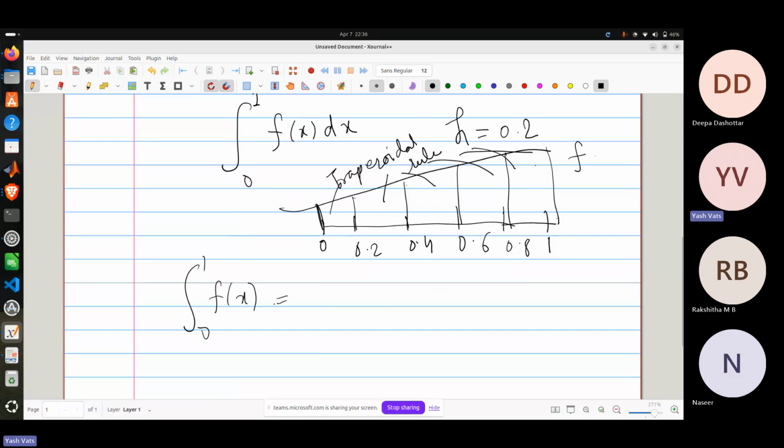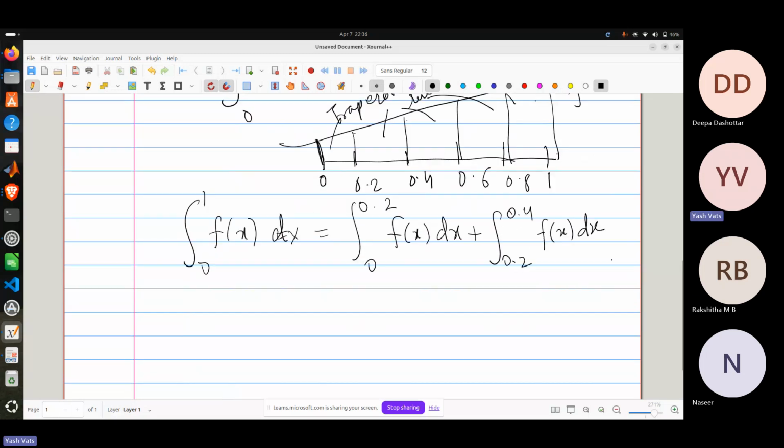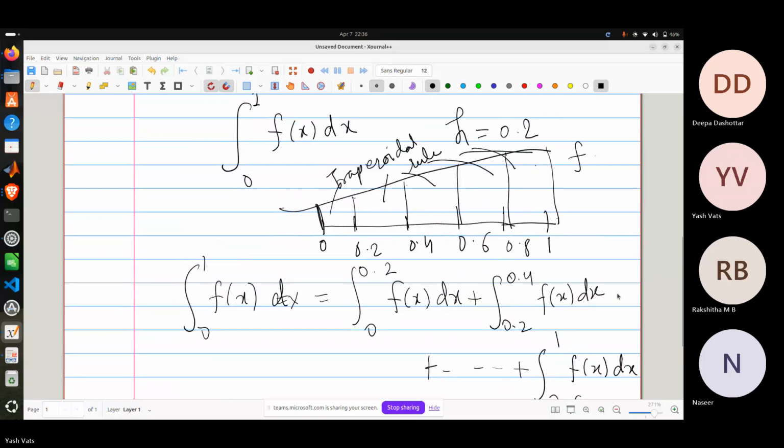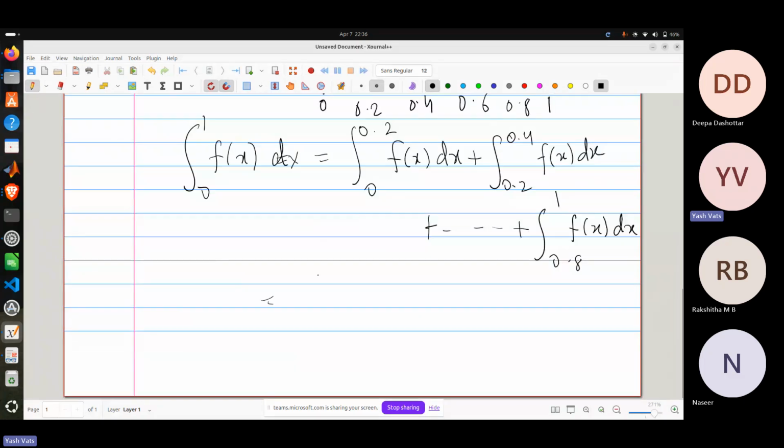I can write it as 0 to 0.2 f(x) dx plus 0.2 to 0.4 f(x) dx and so on up to 1. Okay. So for 0 to 0.2, you can apply the trapezoidal rule, which gives you (f0 plus f1) divided by 2 times h, plus (f1 plus f2) divided by 2 times h, and further.